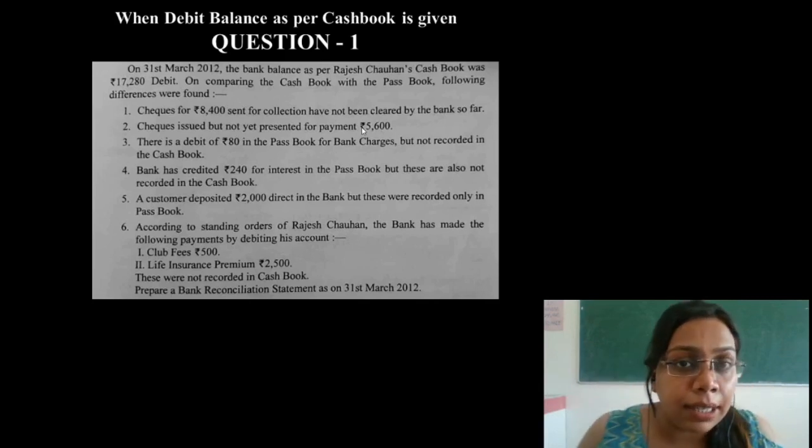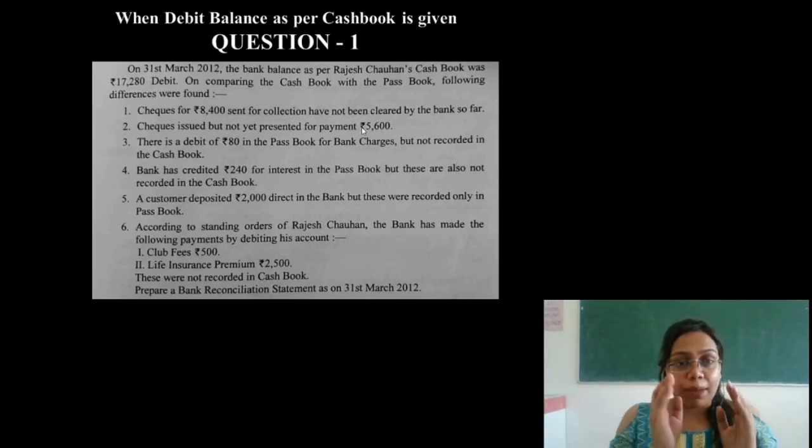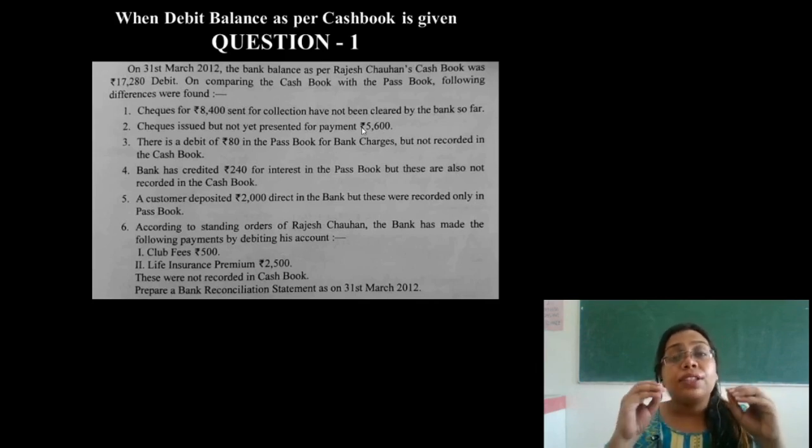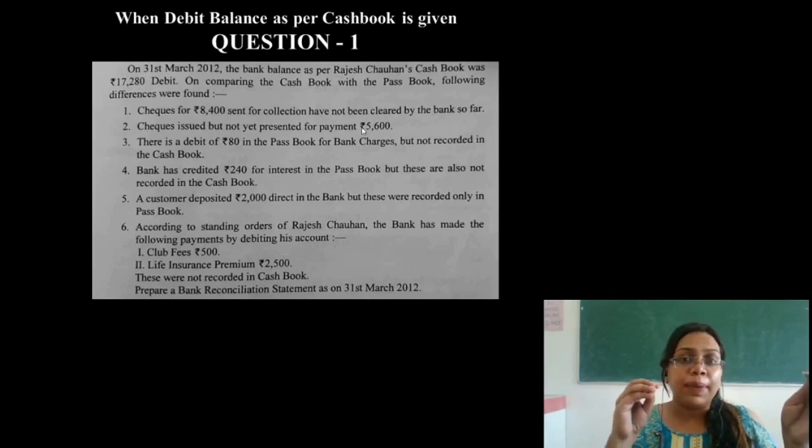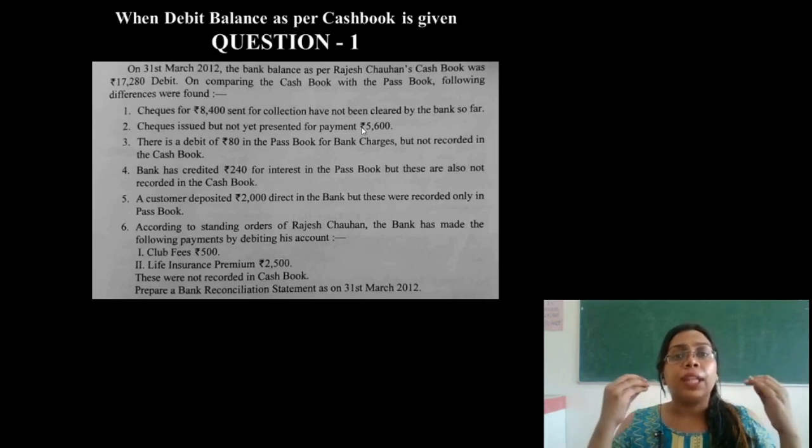You can understand the concept again: I have issued a cheque to a third party. That party has taken the cheque but not presented it to the bank for payment. So obviously, until that customer presents the cheque to the bank, the bank will not deduct the amount from my account.